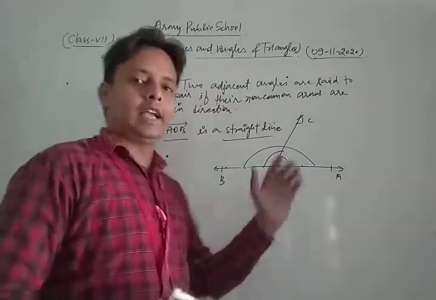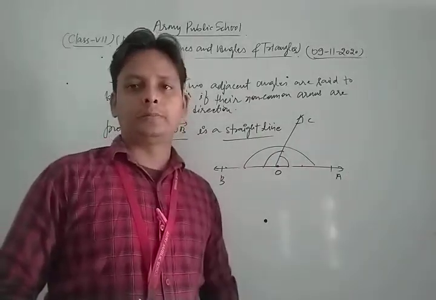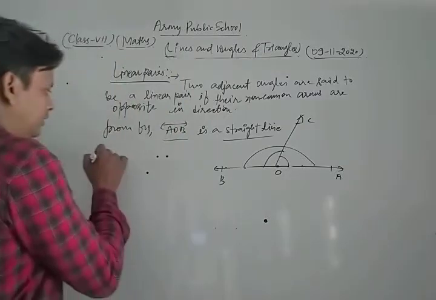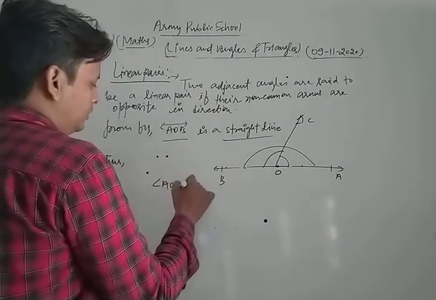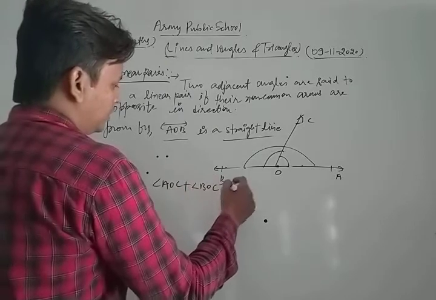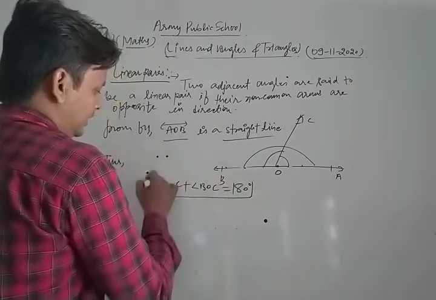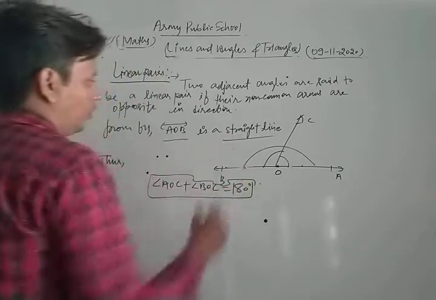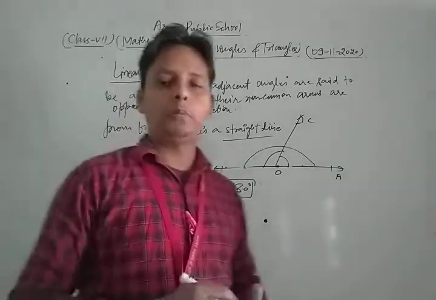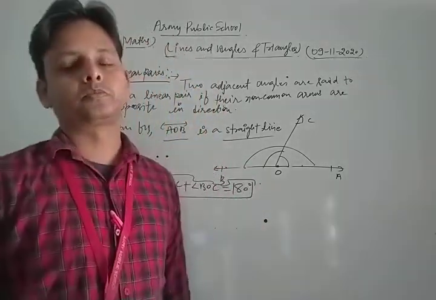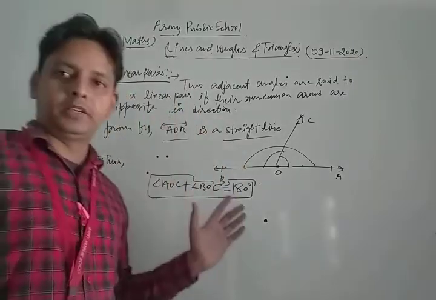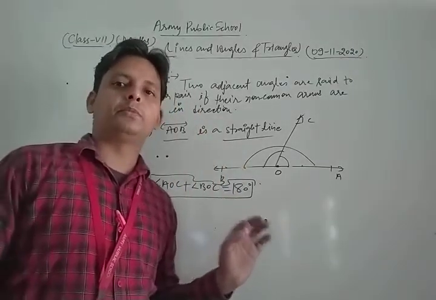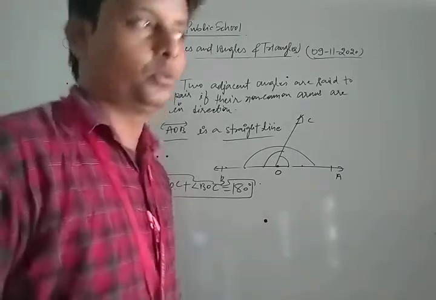And dear student, you know that the angle on a straight line is equal to 180. Thus, from the figure, angle AOC plus angle BOC is equal to 180 degrees. So this is the very important concept related to linear pairs.